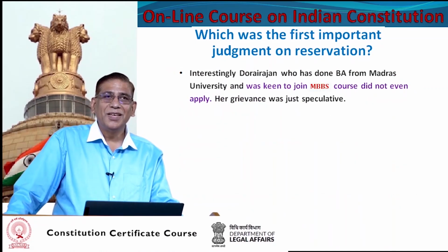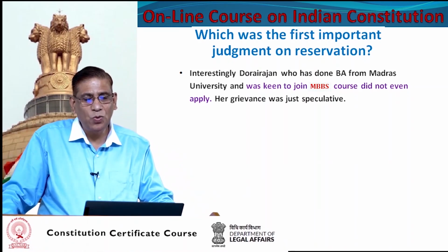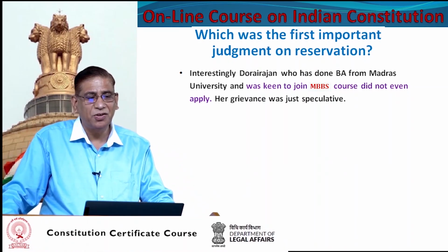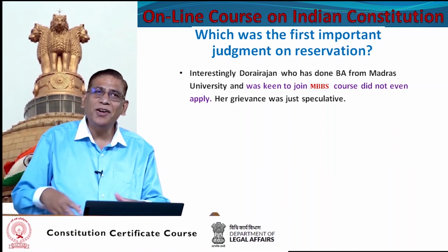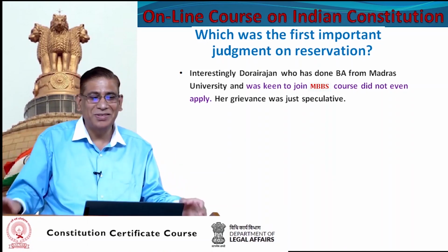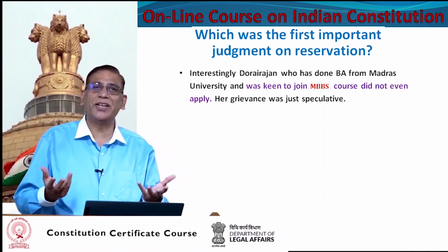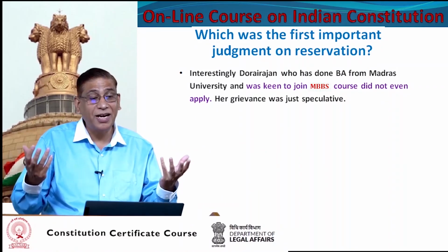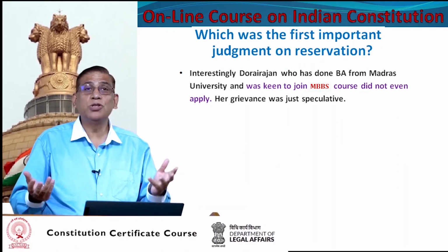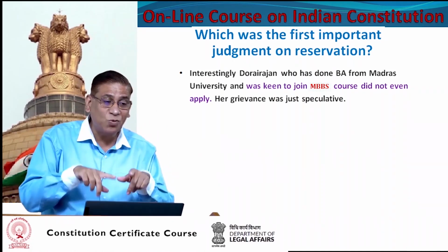Interestingly, if you look at the facts of the case, Dorai Rajan, who had done BA from Madras University and was keen to join MBBS, had not even applied for the course. Her grievance was merely speculative that since there is reservation, I may not get a seat, though she was a Brahmin and there was a reservation for Brahmins as well.